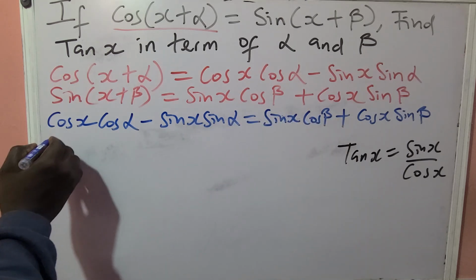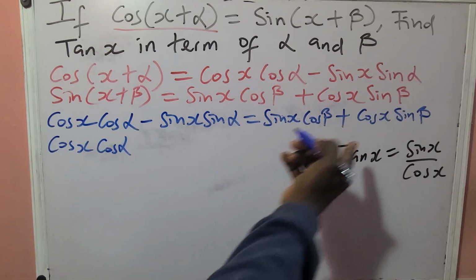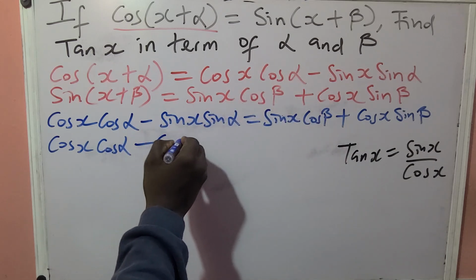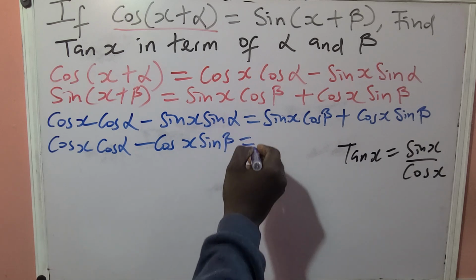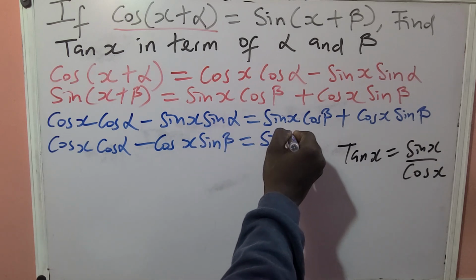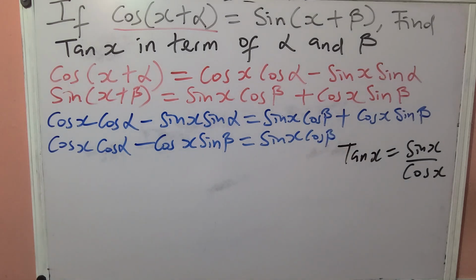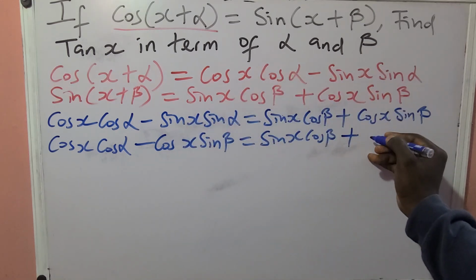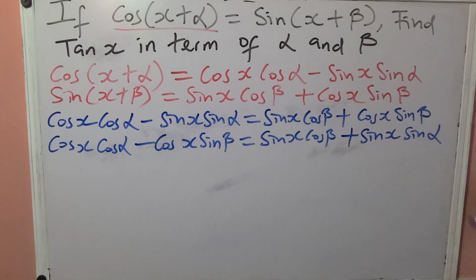So let's do that quickly. I have cos x, cos alpha. I bring this one here, minus cos x sine beta, will be equal to sine x cos beta. Then I'm bringing this here, plus sine x sine alpha.